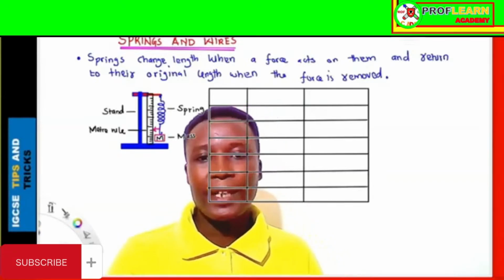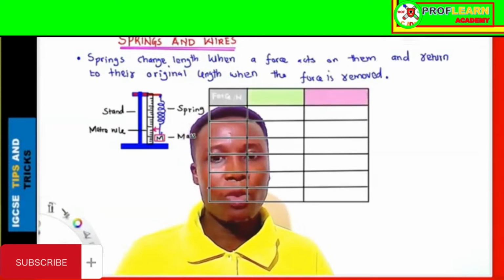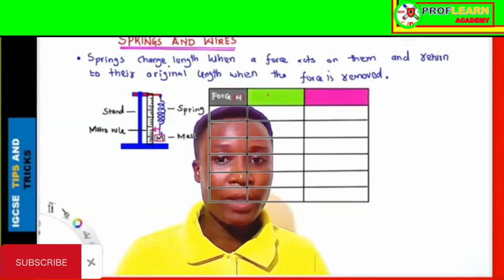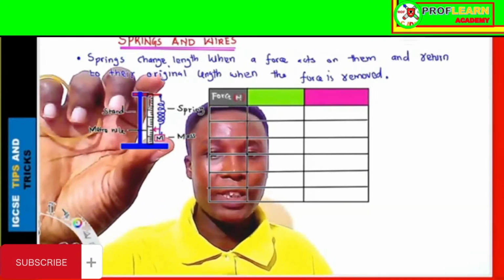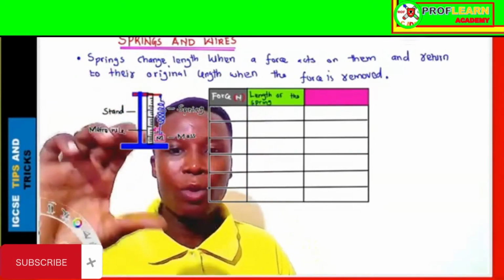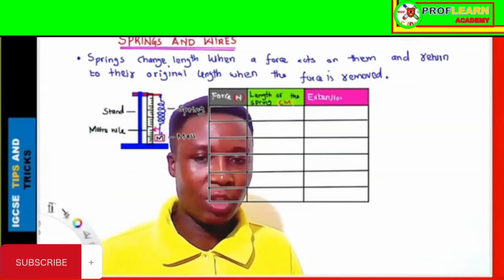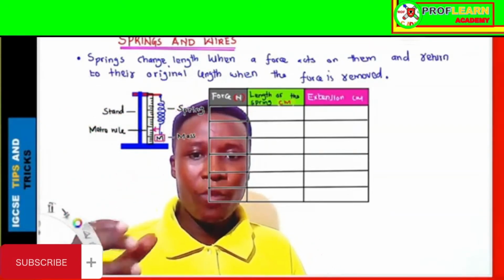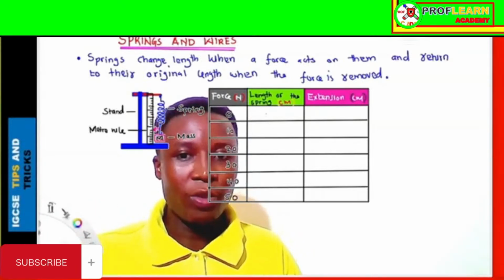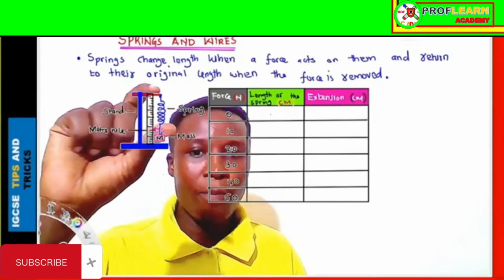In order to understand this fully, we're going to have a table. In this table we're going to have the force, the length of the spring, which we can measure here, and also the extension. We can determine by how far the spring has stretched. If we take the force to be 0, 10, 20, 30, 40, all the way to 50, these are the forces that we are going to add on the spring.